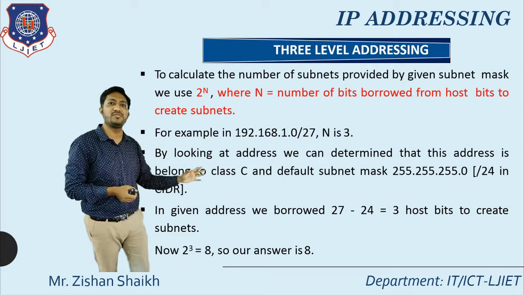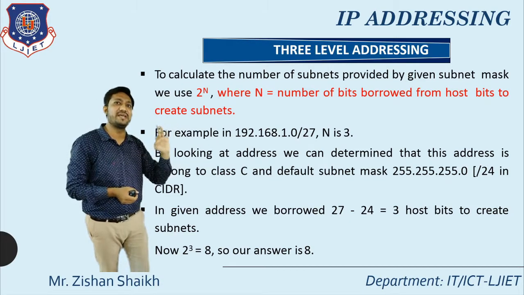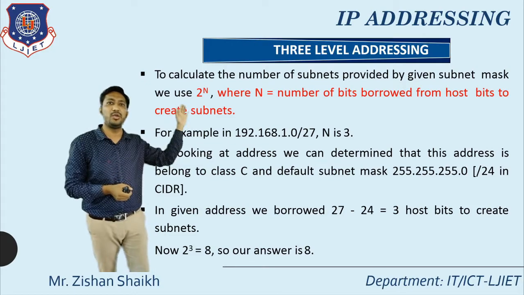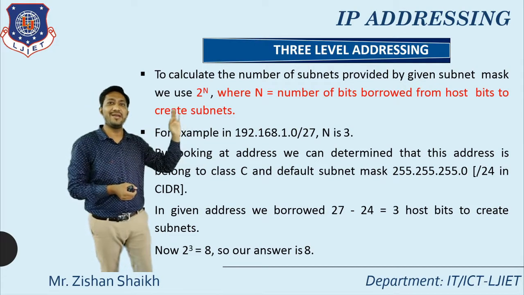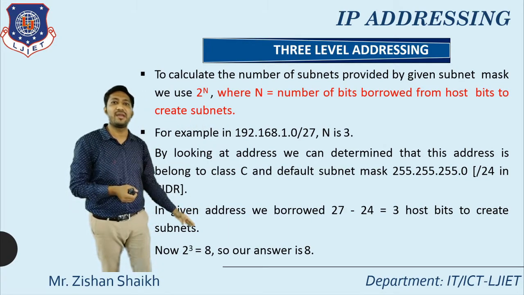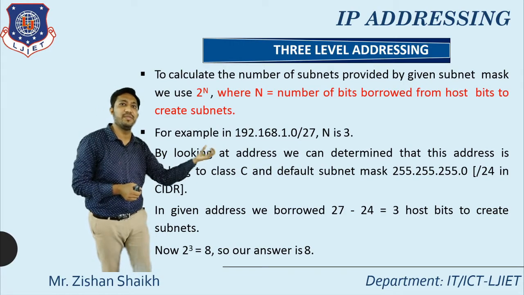So how many bits are we taking here? In total 3 bits are given. From those 3 bits, how many networks can I create? It uses the 2^n concept. Here the extra 3 bits are taken as a borrow, so we can create 2^3 = 8 networks from our subnetting concept.